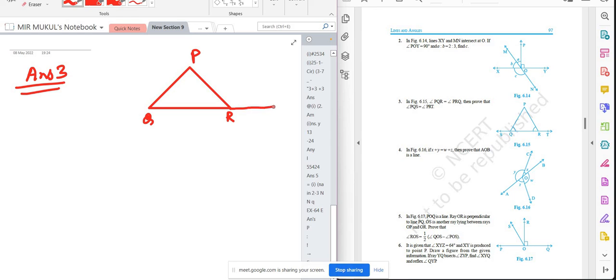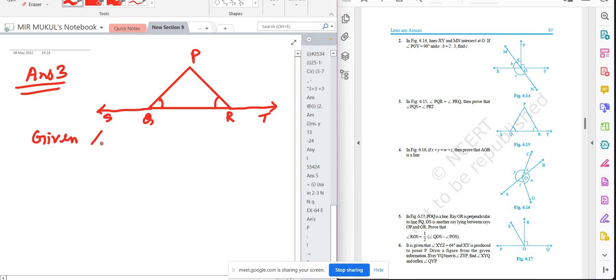Produce this side and produce this line also, this side. So this is S and this is T. So this angle and this angle relation is given. So here given is angle PQR equals angle PRQ.